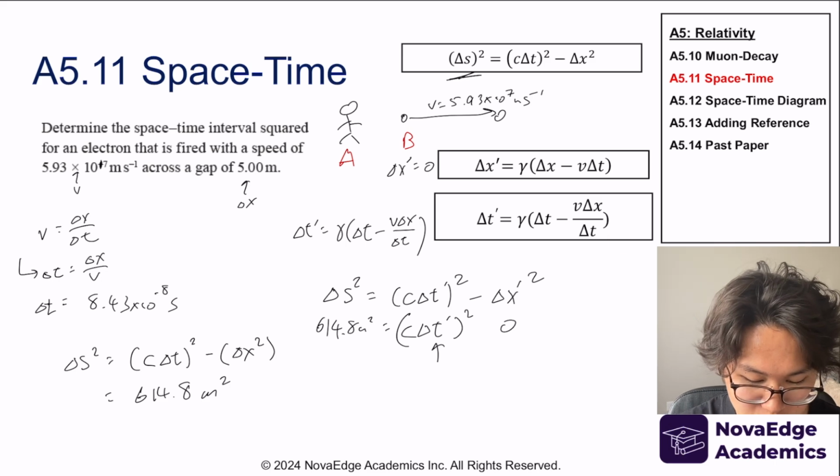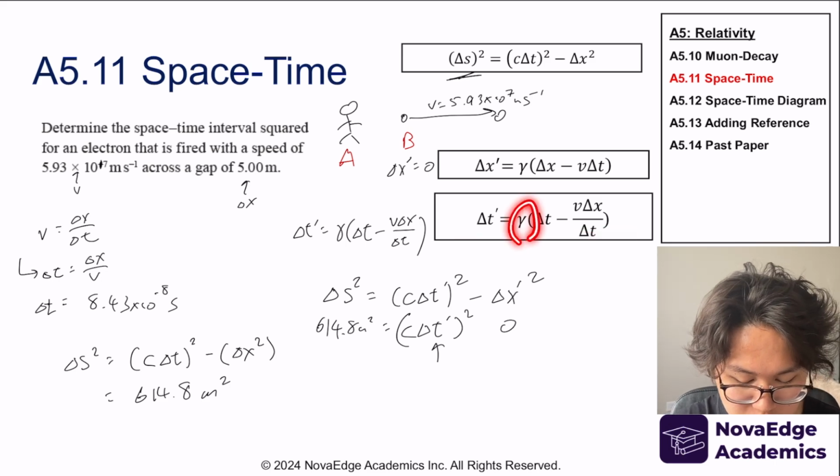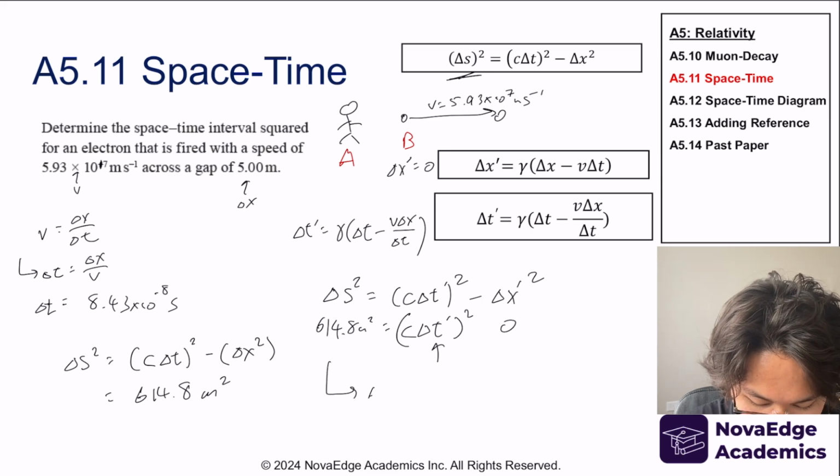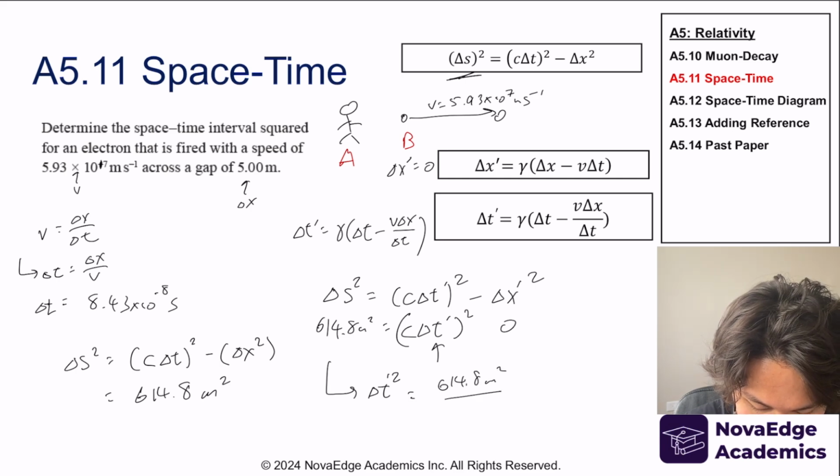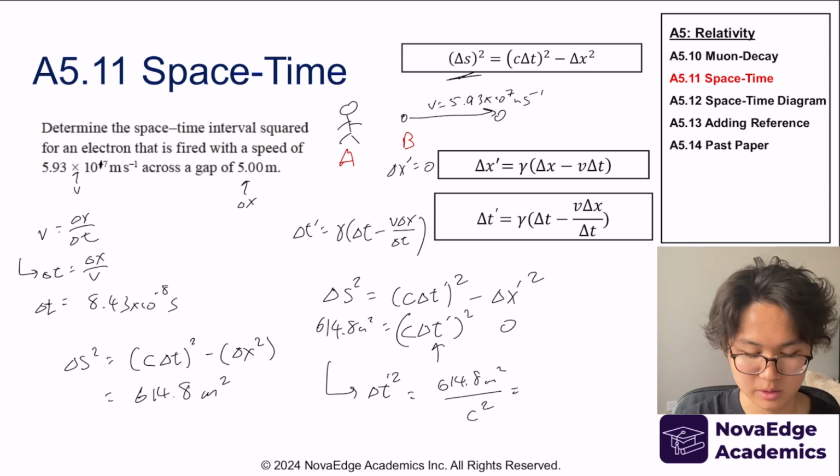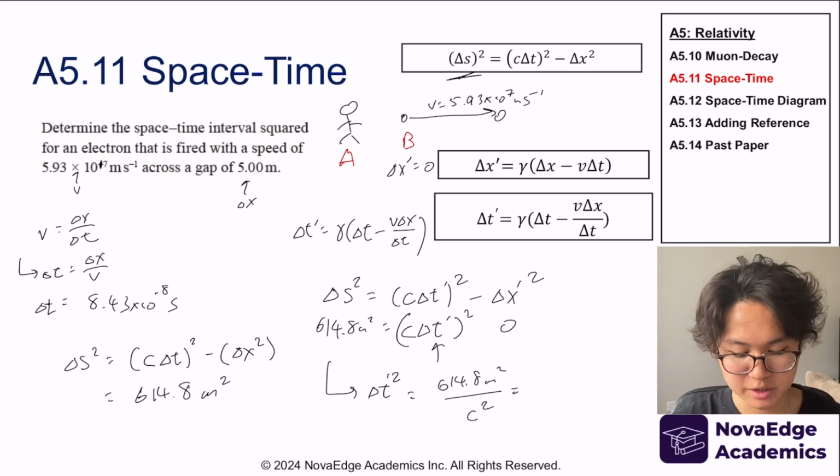So I don't even need to know the Lorentz transform anymore. I don't even need to know the Lorentz factor. I can just isolate delta t prime. So this gives us another way to calculate delta t prime from another reference point as well.